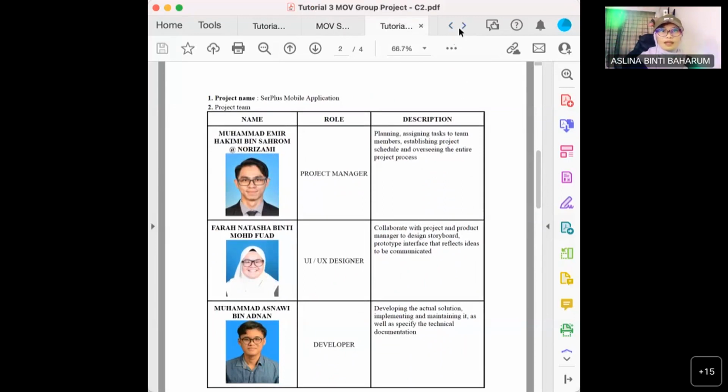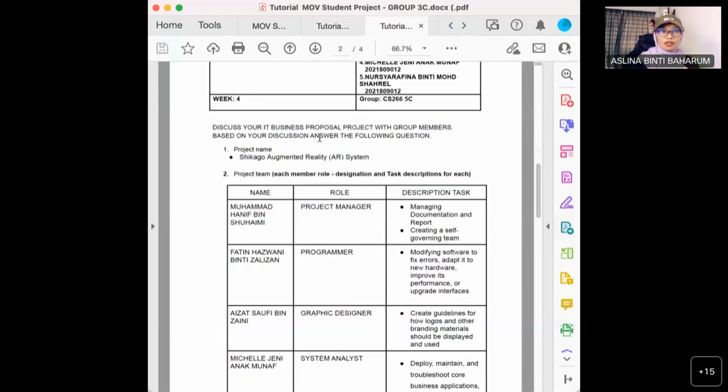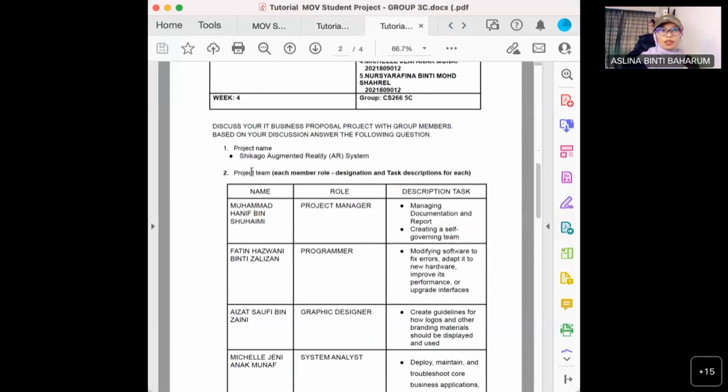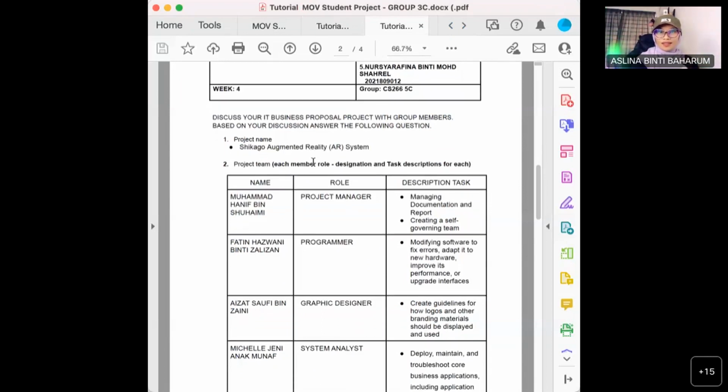And the last group, group C3, Hanif and the team, you are proposing Chicago augmented reality system. So all these three, I'm okay with the titles. Just make sure that you include the IoT system in your presentation. Later on, you must tell me what kind of IoT system is inside your proposed project. Okay, so understand? Boleh faham?